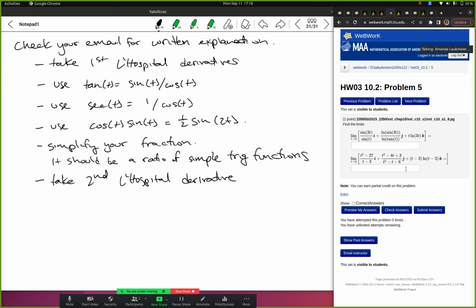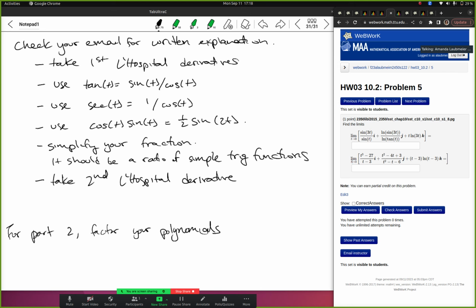These down below, you can also do with L'Hopital or with factoring, whichever you prefer. And as a hint, if you're not really sure how to factor what's on top, look at the factors in the bottom, or note that the thing that tends to be breaking your limits is t goes to 3.